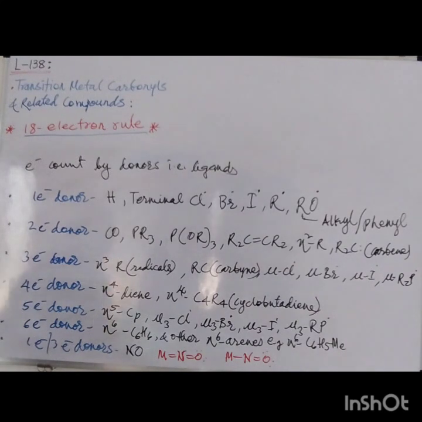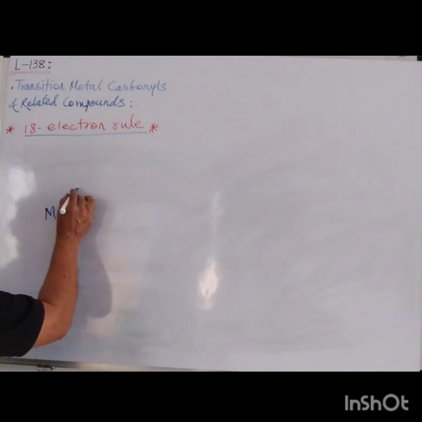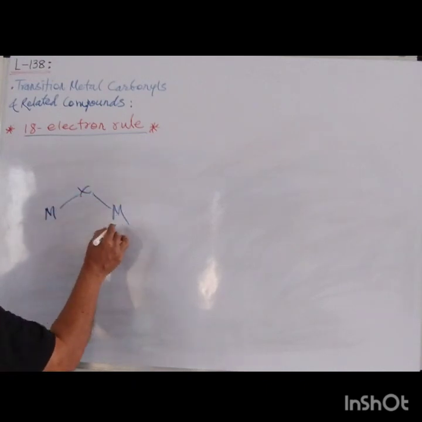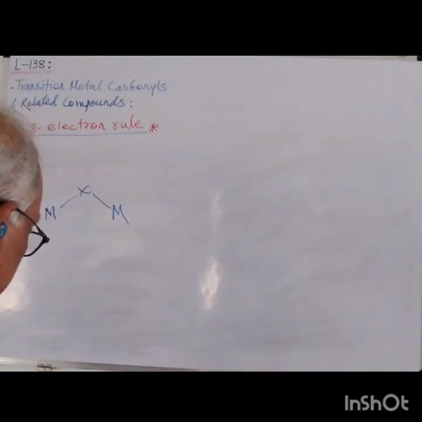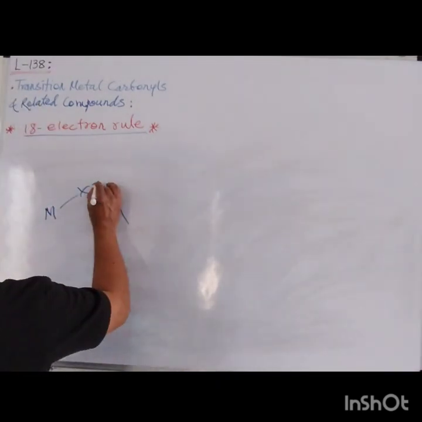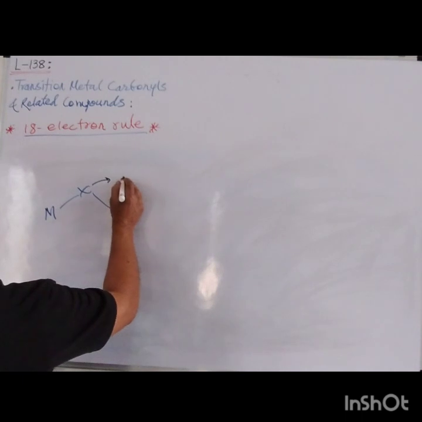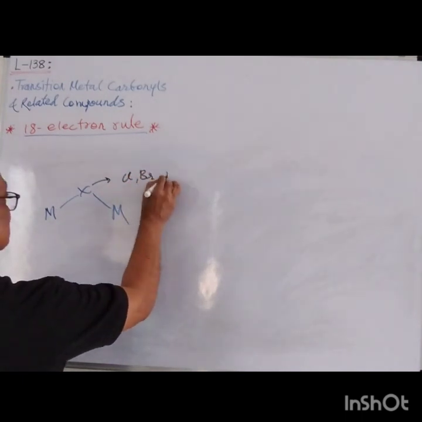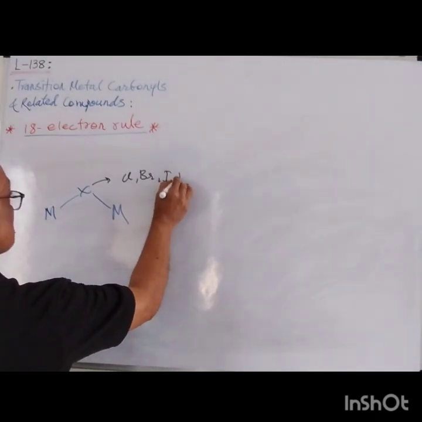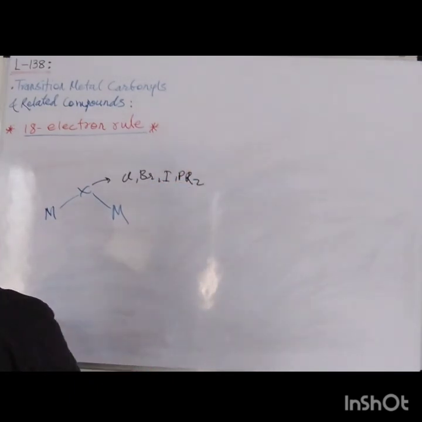Then if we generalize, we can show this M X M, where X is Cl, Br, I, PR2.